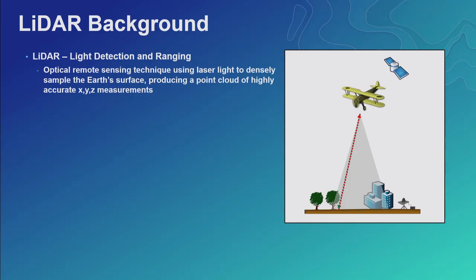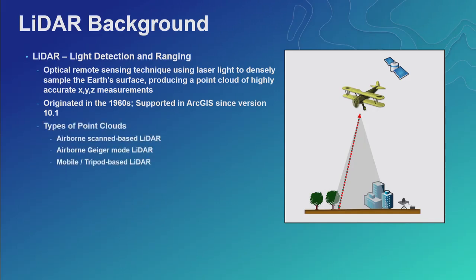Lidar originated back in the 60s, and it's been supported in the software for a couple of versions, but I think there are some really cool things in terms of visualization that you can do with it in Pro. When it comes to types of point clouds, probably the most common one you'll find is airborne scanned Lidar, collected from a plane.